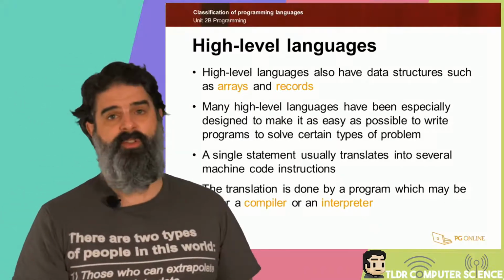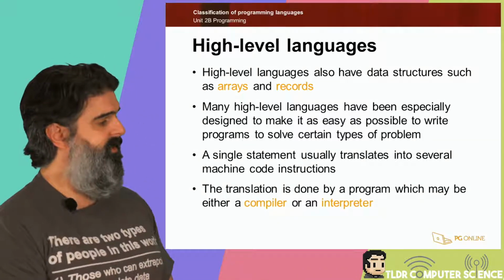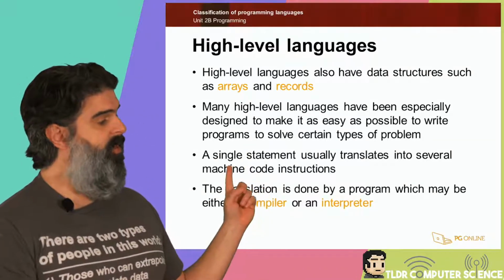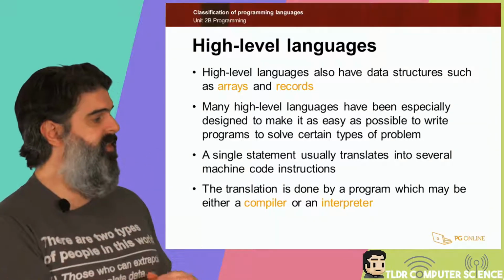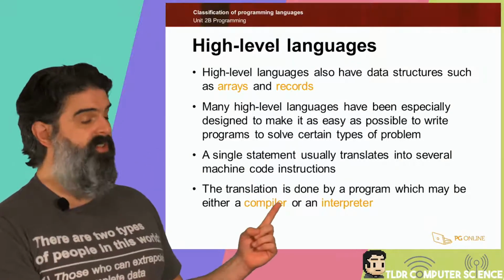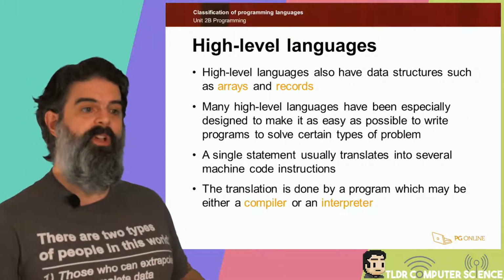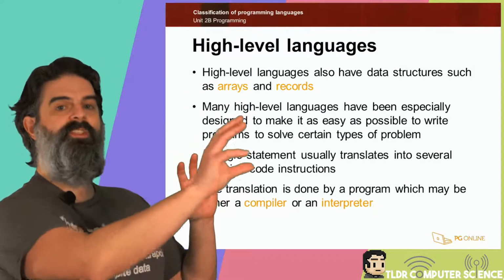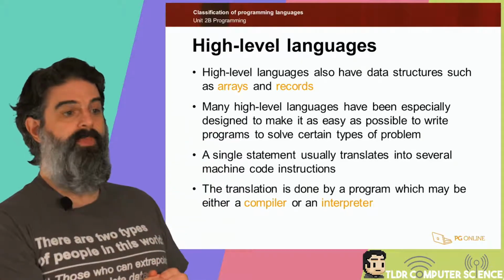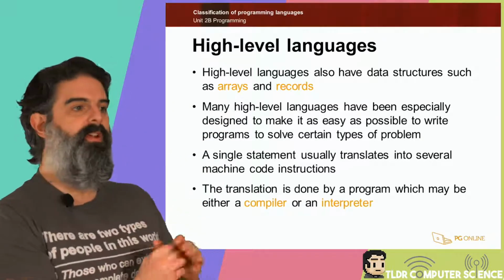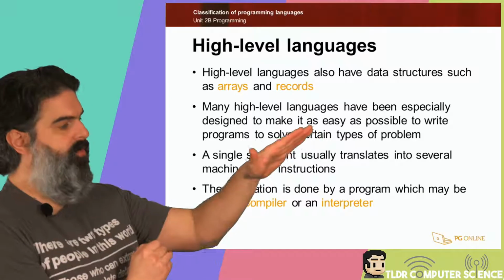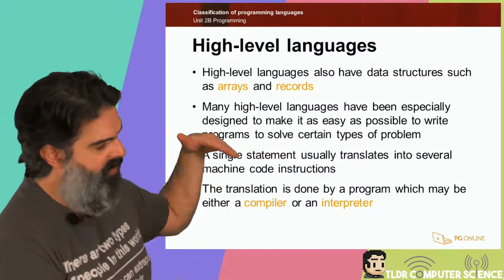Nearly all the languages you've heard of are high-level languages. And normally a single line of code is turned into several lines of machine code. There are two different strategies. With assembly language, the only way of converting it was something called an assembler. With a high-level language, there are two strategies you can use. One is called a compiler and the other an interpreter.